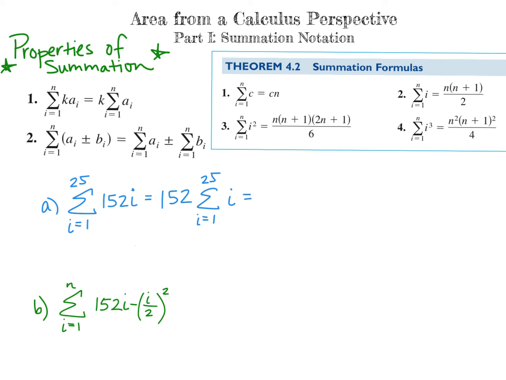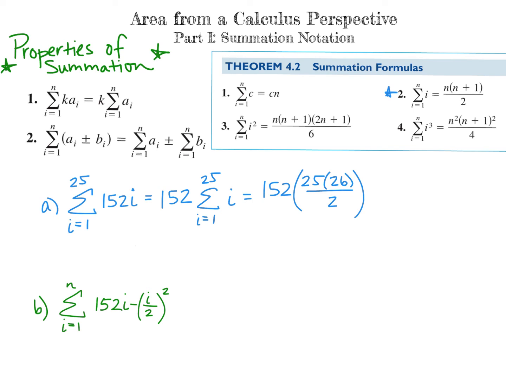When we actually figure out what this is for 25 being n, we take 25 and multiply it by 26 and then divide by 2. So using this formula, we still, of course, have the 152 out in front. Then I'm taking care of this part here and using our summation formula number 2, taking 25 times 25 plus 1, and then dividing by 2.